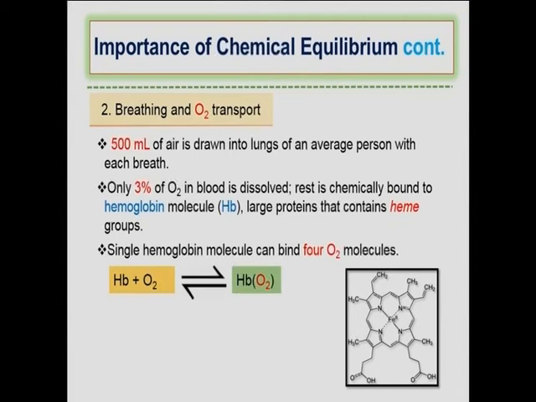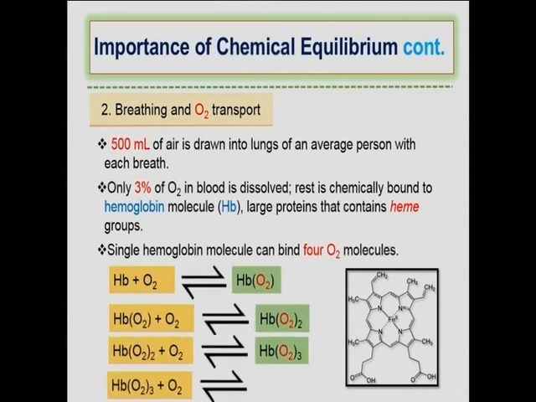So this is how the binding will take place. Heme group bound to 4 oxygen molecules, and in hot working conditions, when some part of our body performs extra work, that part becomes oxygen deficient.